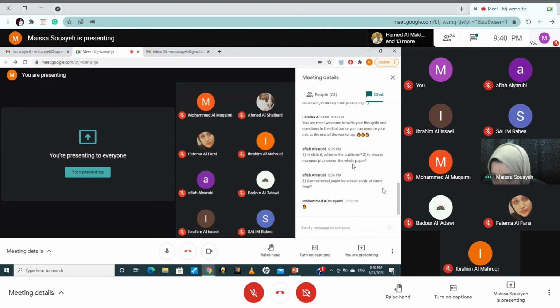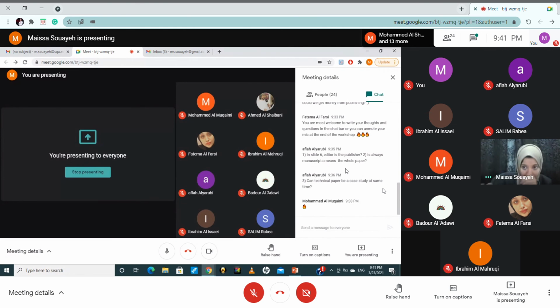In slide 6, editor is the publisher? No, see, the term publisher, for example, there is a publisher called Elsevier. Under Elsevier there are many journals, and for each journal there is an editor.